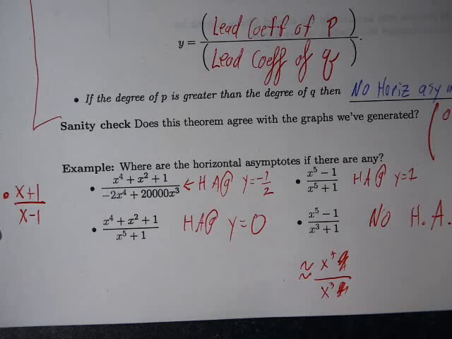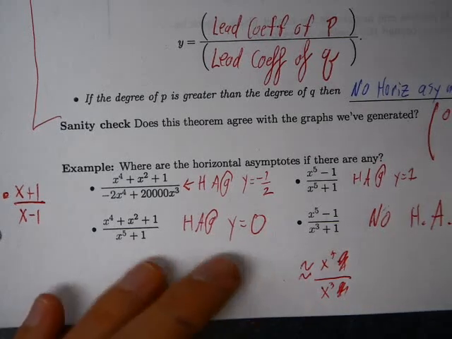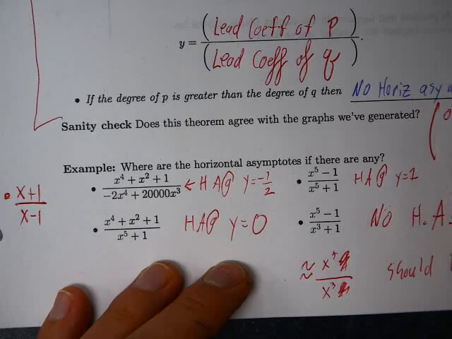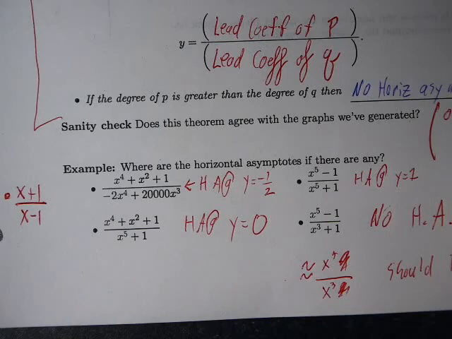So, when you take a really big value for x, you should get something that's basically a parabola.